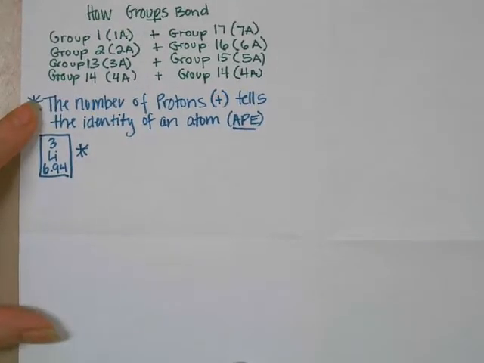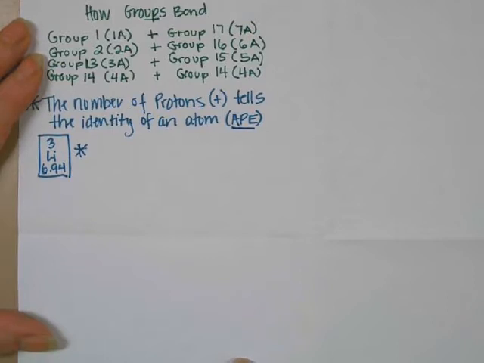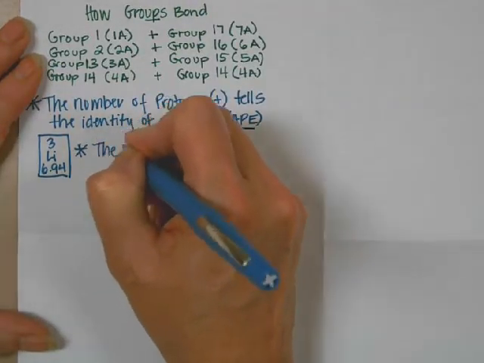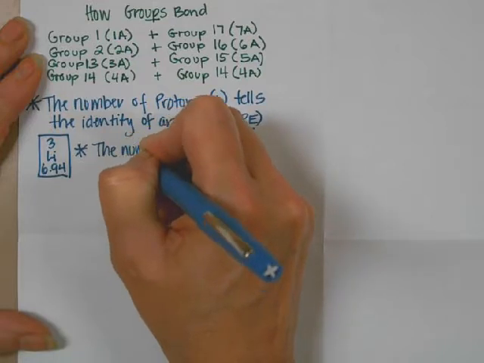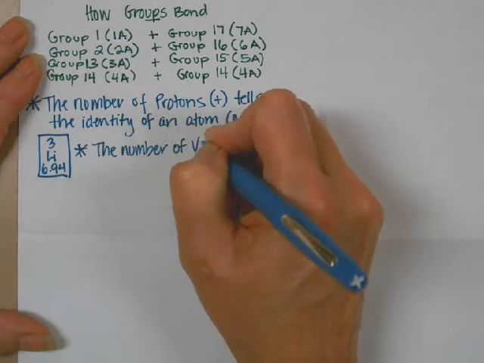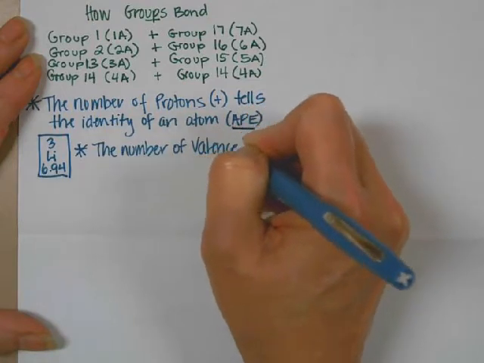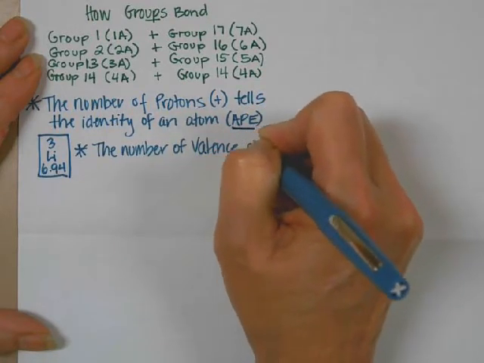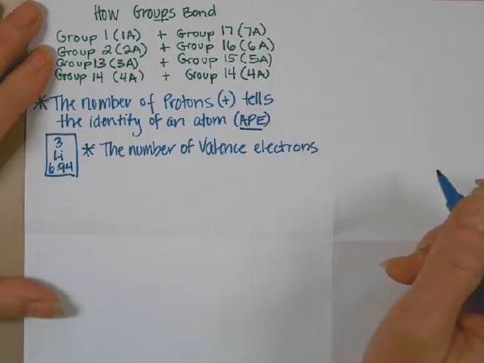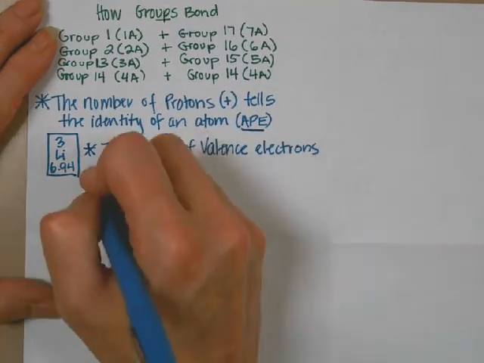Understand the number of protons tells us the identity of an atom, and the number of valence electrons tells us how elements react with one another.